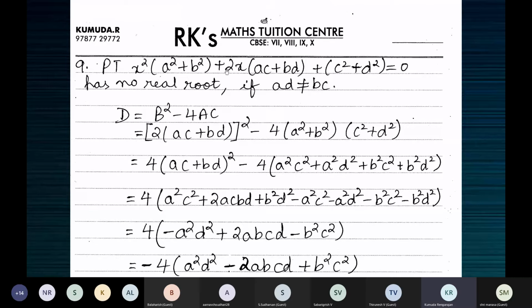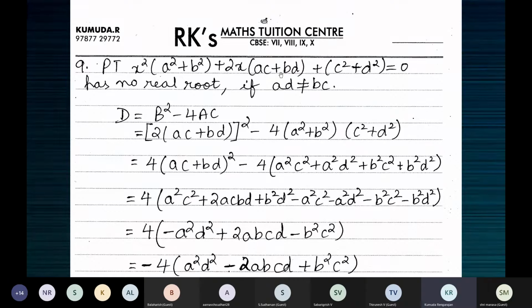So we are given a quadratic equation in the standard form. We see only 3 terms, the x squared term, the x term, and the constant. Given this condition, AD is not equal to BC, we need to prove that this quadratic equation has no real roots.